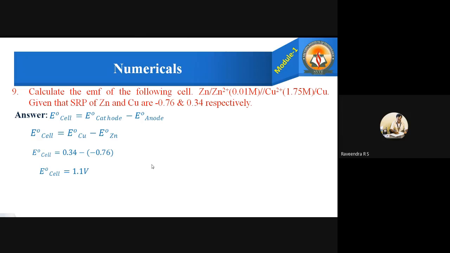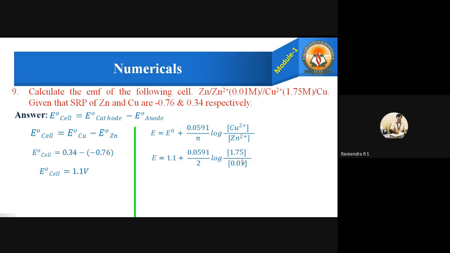After this, let us go to the calculation of EMF using the well-known formula. E equals E naught plus 0.0591 divided by n, log of concentration of copper 2 plus ions divided by concentration of Zn2 plus ions. The concentration of copper is 1.75 and the concentration of zinc is 0.01, as given in the cell representation in the problem.